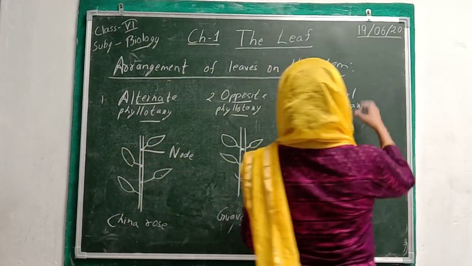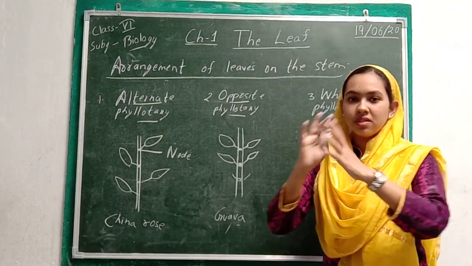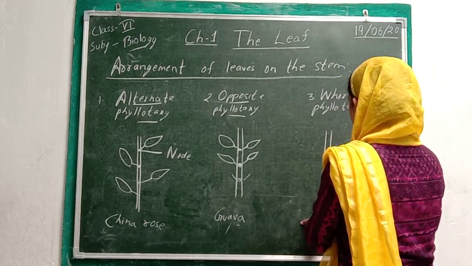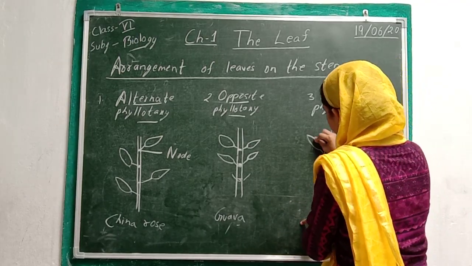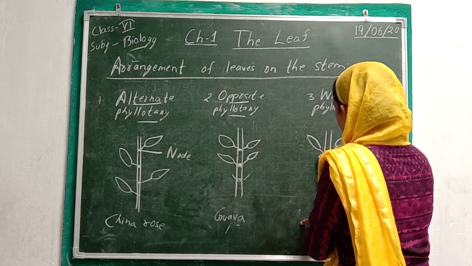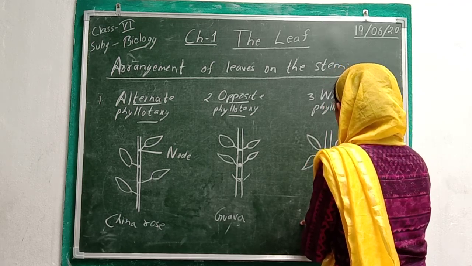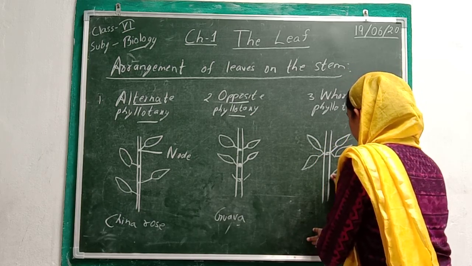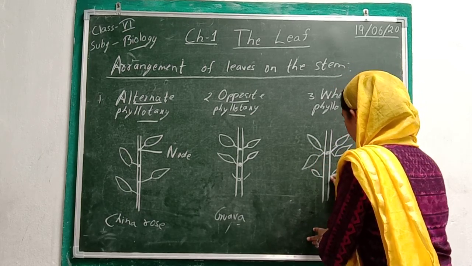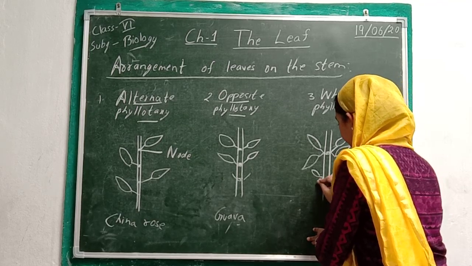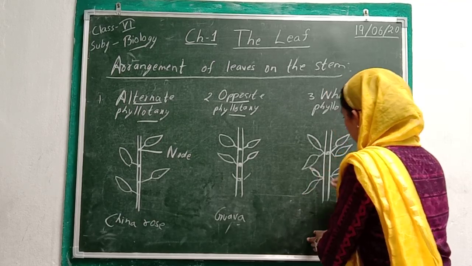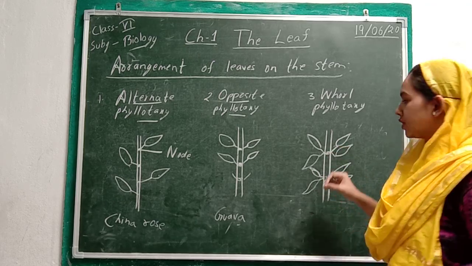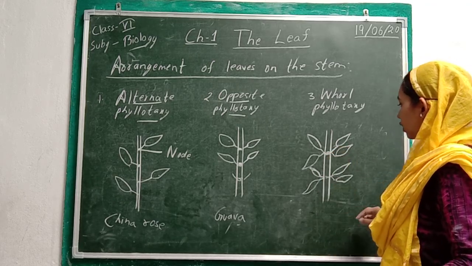The next one is whorl phyllotaxy. Whorl means something like round. So what happens here is that there is a stem here, and this is a node. In this case, you will see that more than two leaves come out from a single node.